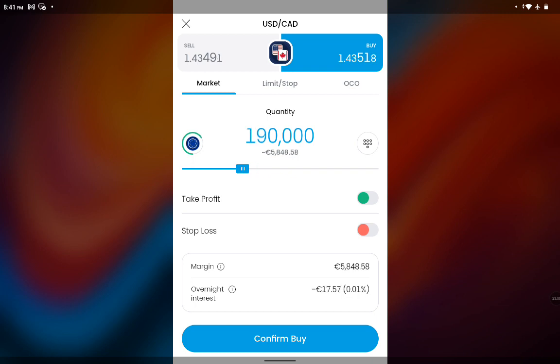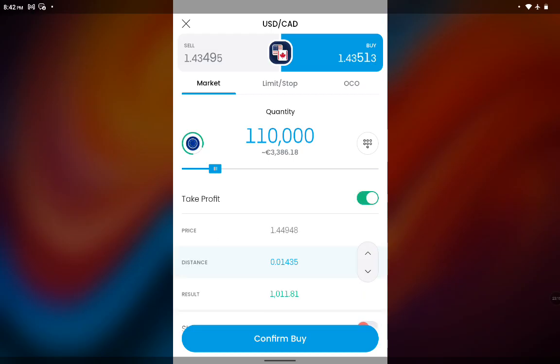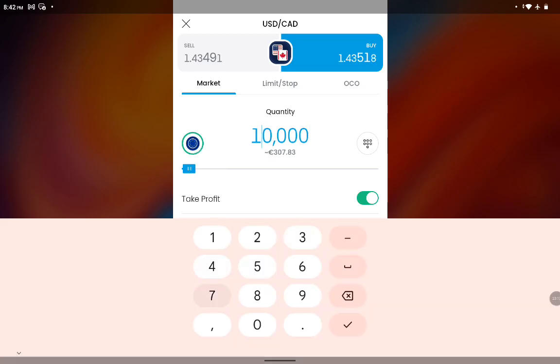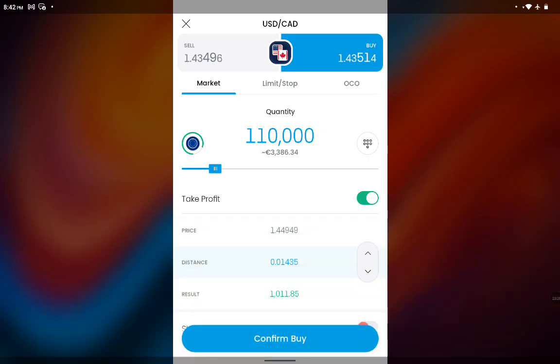In a 3,000 trade. So lot size doesn't matter. We're just focusing on 3,000. Based on your terminal, if you have the accurate lot size, then you can go ahead and tweak that.